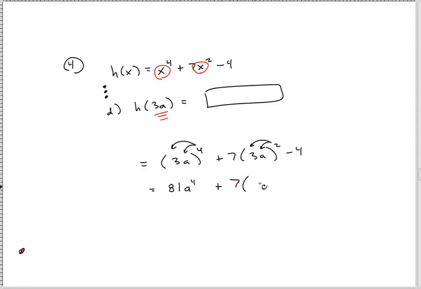Then 7 times, and we got 3 squared is 9, a squared. That 7 is still going to be multiplied there. And then we got this 4. So 81a to the 4th, and then 7 times 9 is 63, a squared minus the 4.